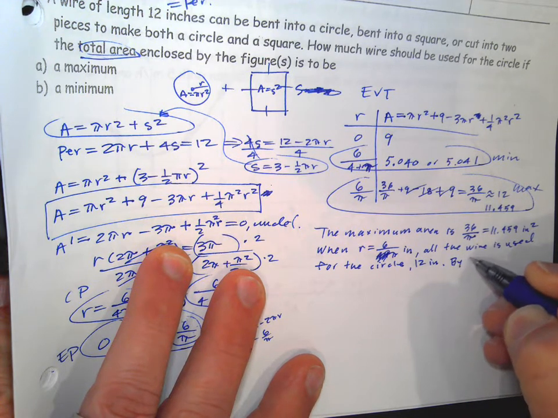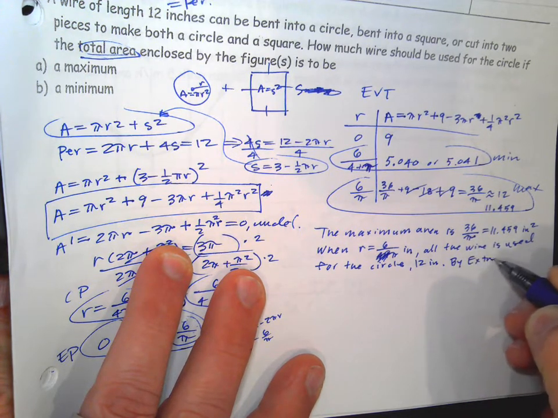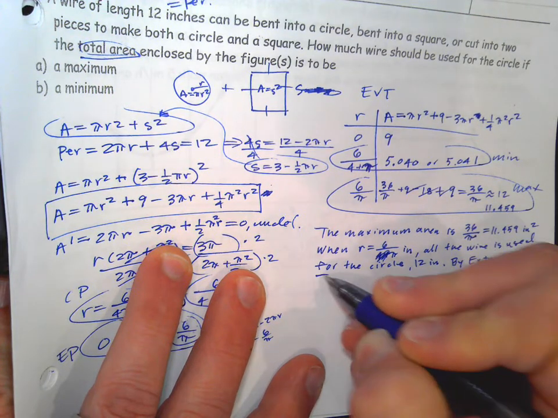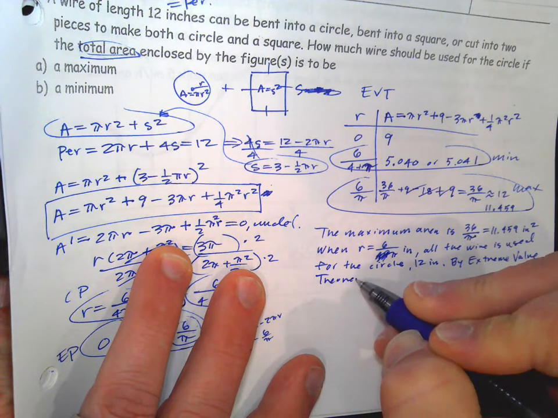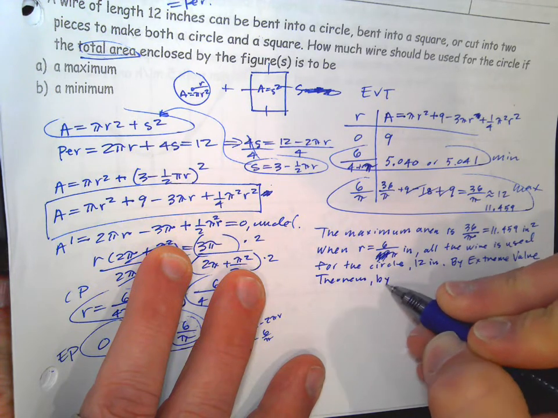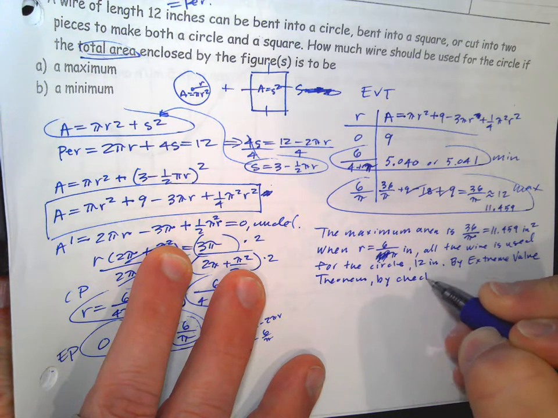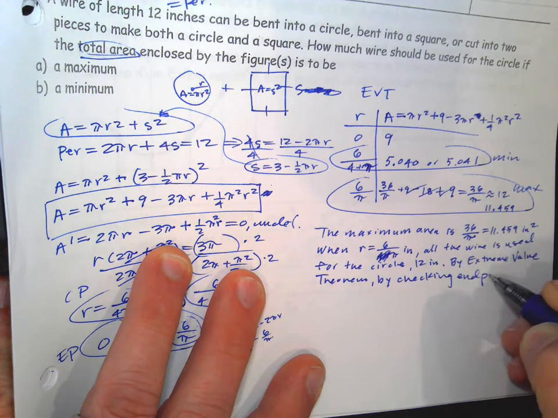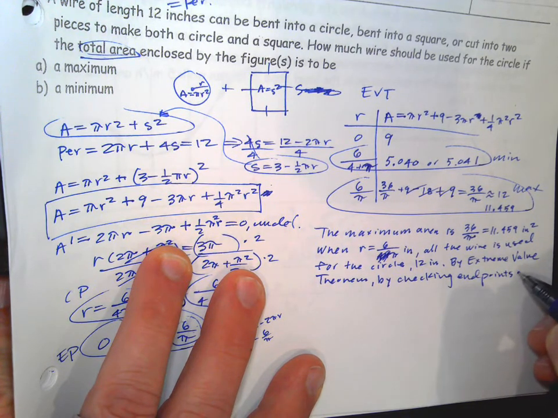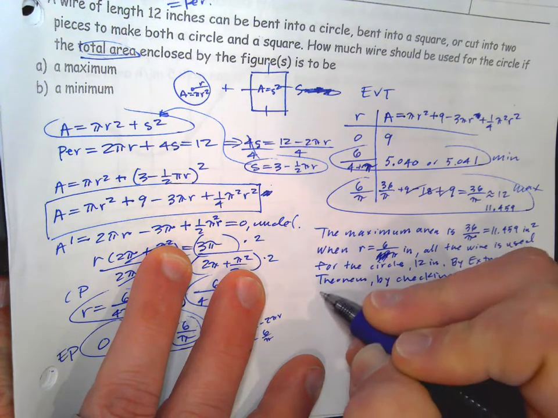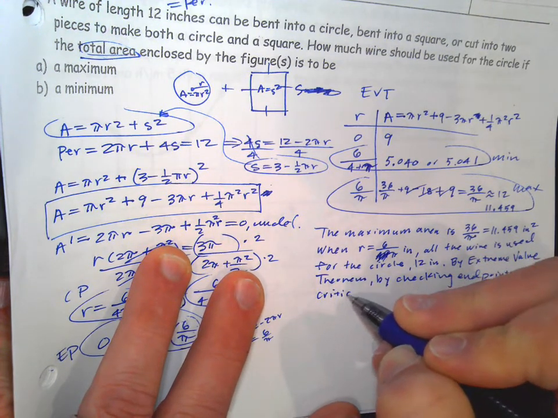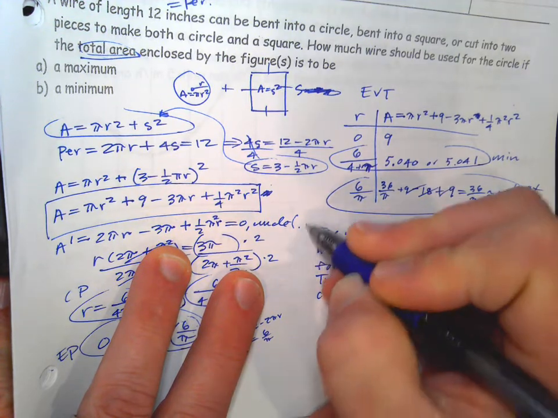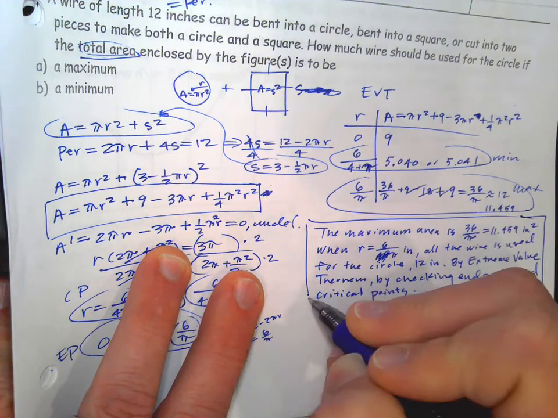By extreme value theorem, so I want you to name it. Don't abbreviate it. Extreme value theorem. Tell me how it works by checking endpoints and critical points. So that's the max.